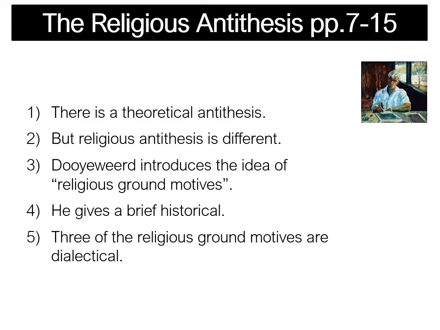He then talks about these four religious ground motives, and he's going to argue that three of them are dialectical. So we need to think a bit about what he means by dialectical. And for two of these, this is a result of deifying or making absolute part of created reality.